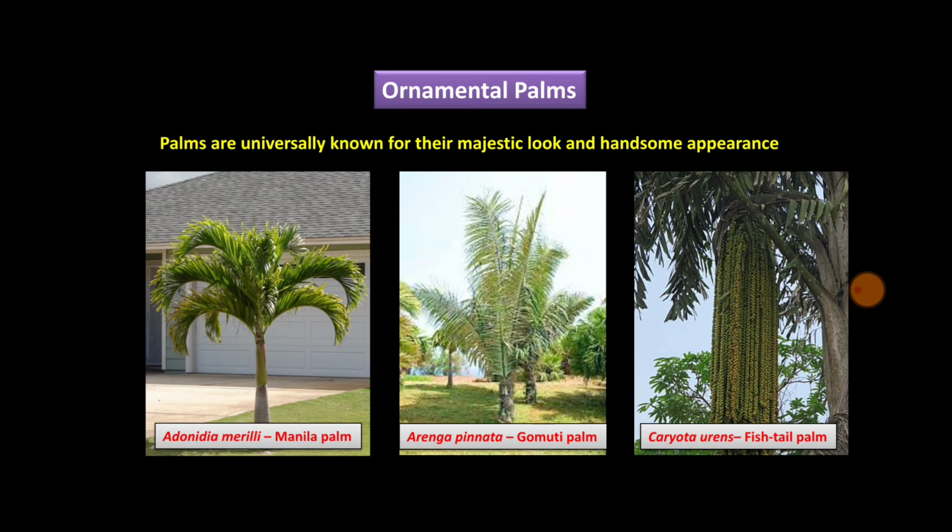Let us have a look at the ornamental plants of Palmae. Palms are universally known for their majestic look and handsome appearance. See, Adonidia merrillii, that is Manila palm. This is Arenga pinnata, Gomuti palm. This is Caryota urens, fishtail palm.